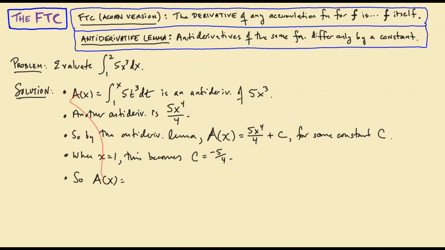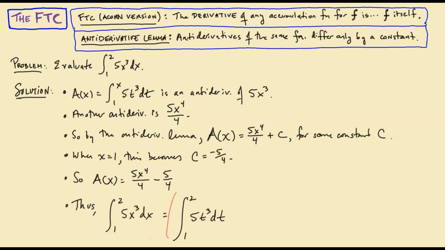So A of x, our accumulation function, which we already found has this form, must be 5x to the fourth over 4 minus 5/4. Thus, at long last, since we have an expression for our accumulation function, we may conclude that the integral that we're looking for, which of course I can write this way instead, because as we discussed in the last video, this t is just a dummy variable, just as the x was.